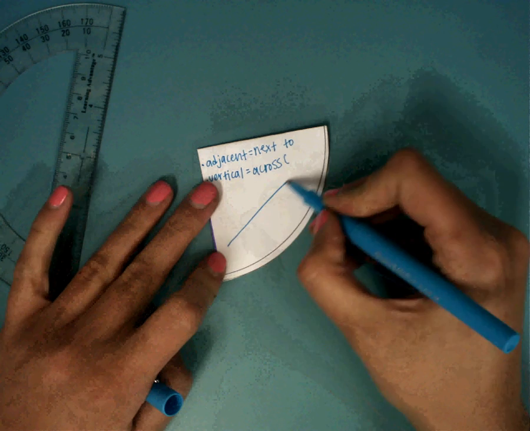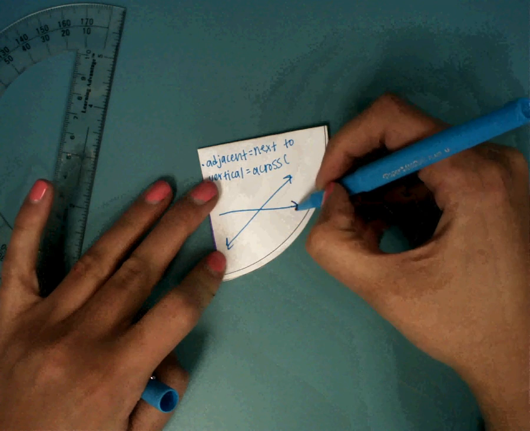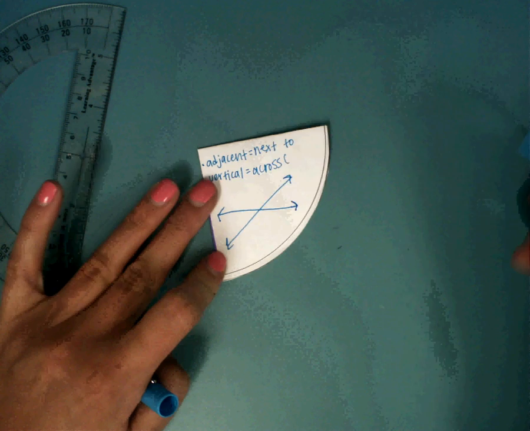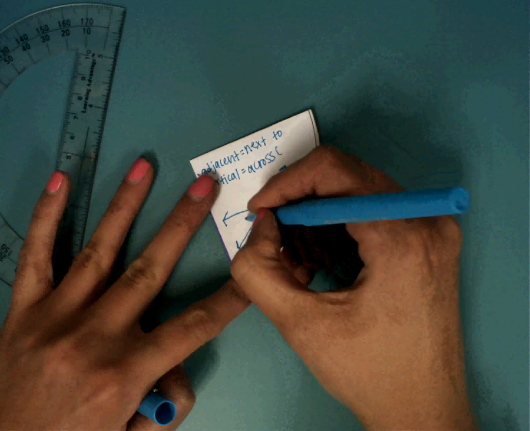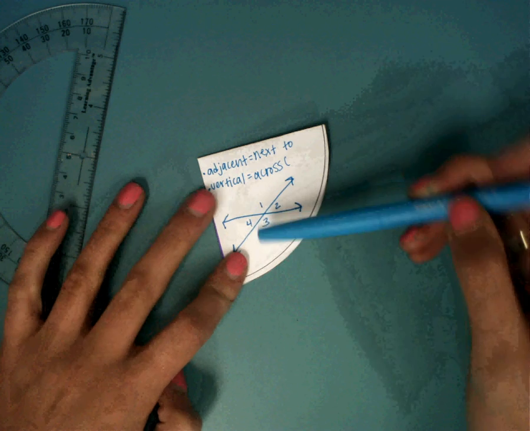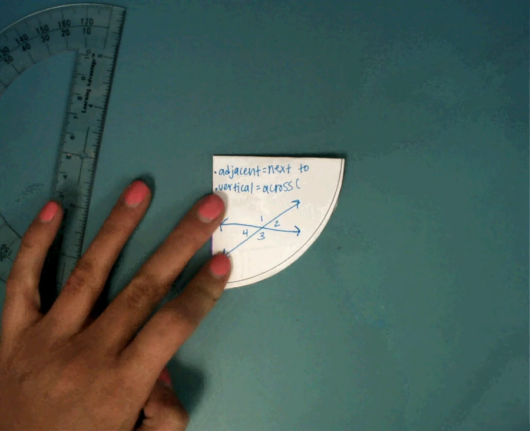So if I have two intersecting lines like this that are not perpendicular, they're not parallel. Let's say this is angle 1, 2, 3, and 4, okay? Vertical angles mean angles that are across from each other with these intersecting lines. So 1 and 3 are across from each other, 4 and 2 are across from each other.